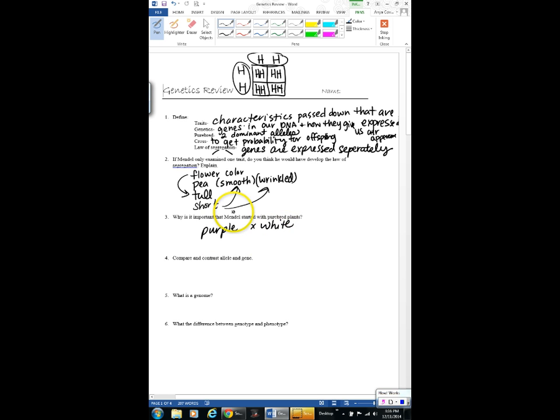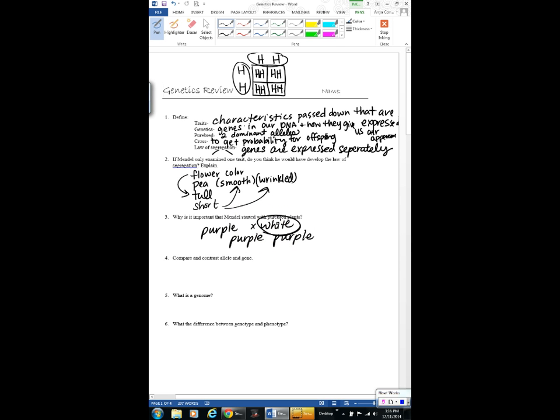And when he did that, he got two purple plants. And he knew that this one was a purebred. It didn't have a recessive purple or anything, and so when he got these, he knew that it wasn't going to be blending. It was actually that the purple was dominant over the white.